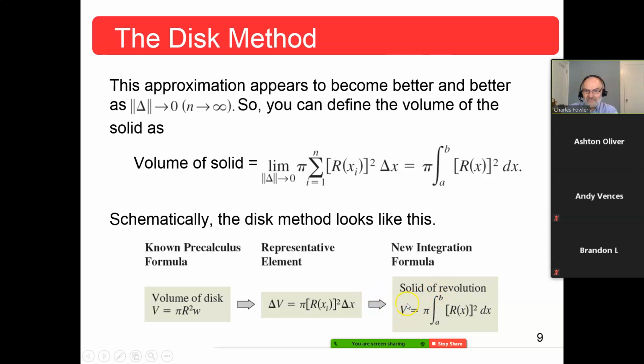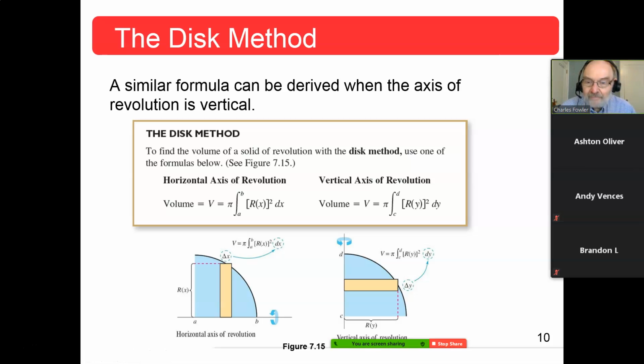So the solid of revolution would then be integrating this, and it becomes V is equal to pi times the integral from a to b of r of x squared dx. Pi r squared times the height. A similar formula can be derived when the axis is vertical as opposed to horizontal.